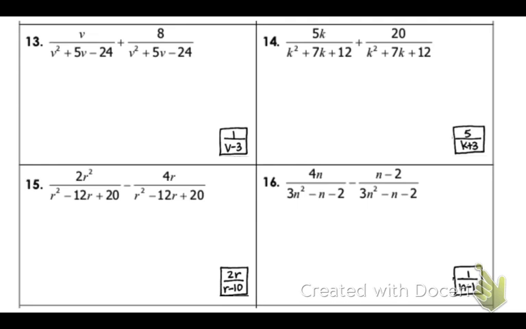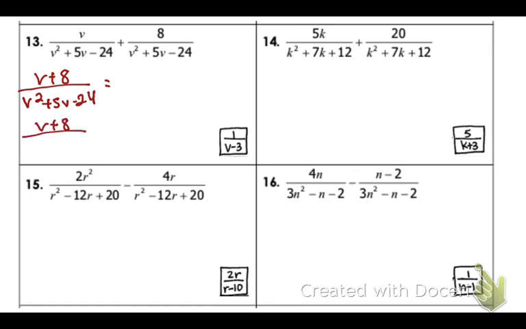Okay, so let's start off with an easy one, number 13. So same thing, combine your numerators. We're left with v plus 8 because you can't put them together, so you have to just write them together. Your denominator is v squared plus 5v minus 24. Now I can't factor out the v plus 8 anymore. That's done.